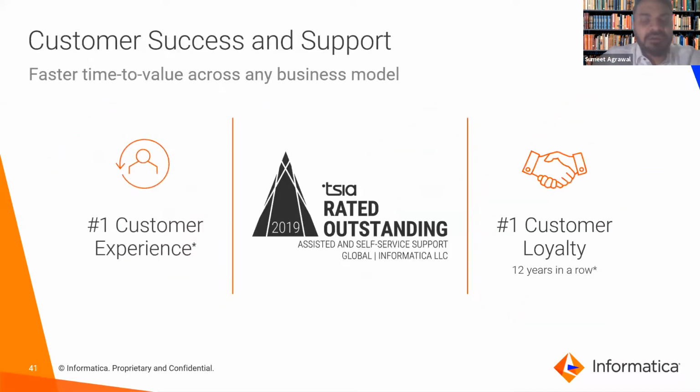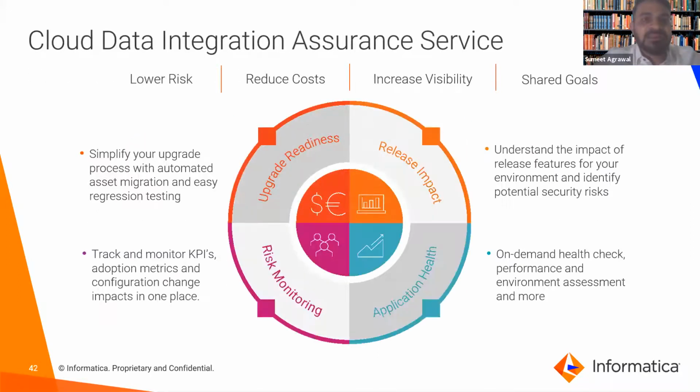And then we also have a very good customer success and support team. We have won the customer experience award for many years. We are number one in customer loyalty. So we don't just offer good products, we also offer a great customer success and support team to help you. And this is also a program for our IICS customers.